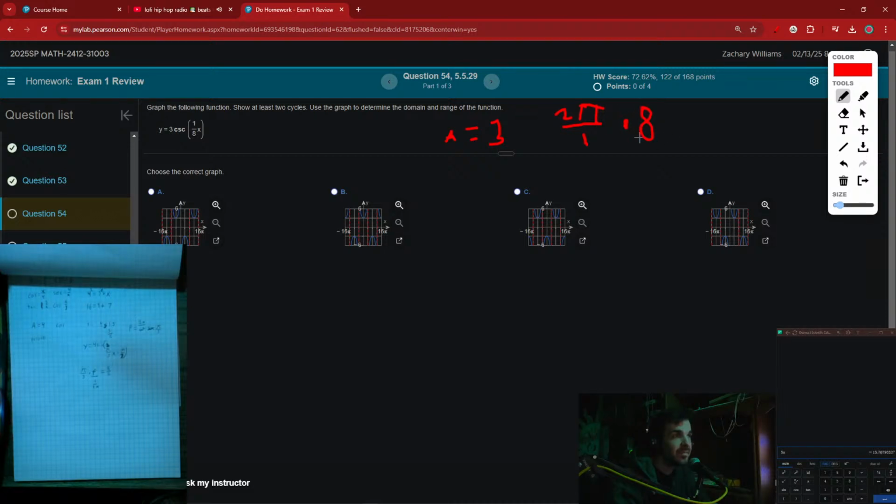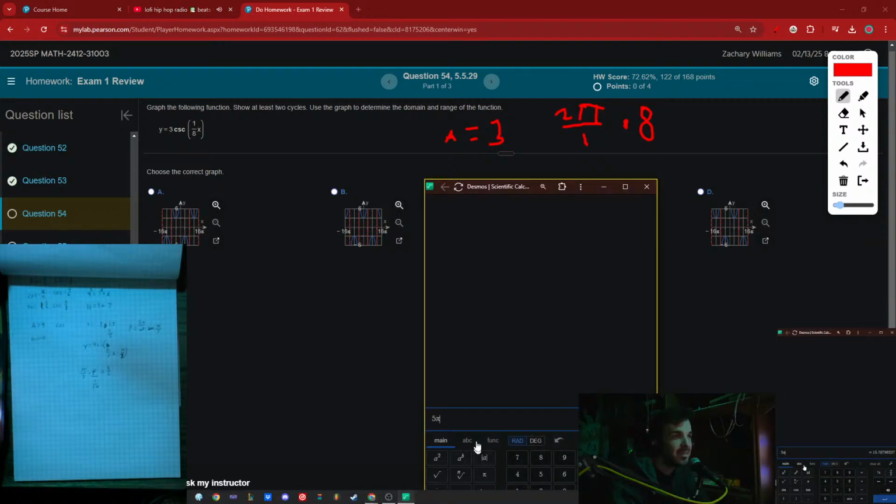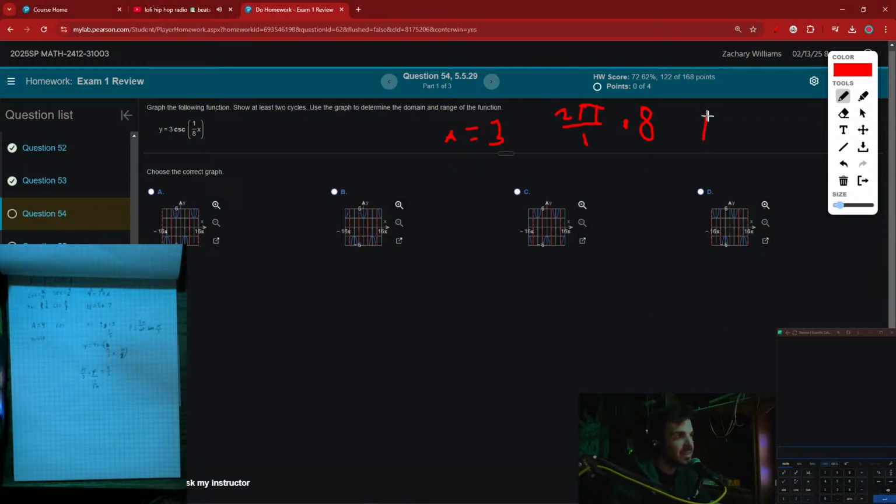Is that right? Yeah, I think so. Is that what 2 divided by 1 divided by 8 is? It's gotta be. Okay, yeah. Cool. So our period is 16. No phase shift, no vertical shift, no flip. Normal cosecant function looks like the sine function, which means it would go through the origin.